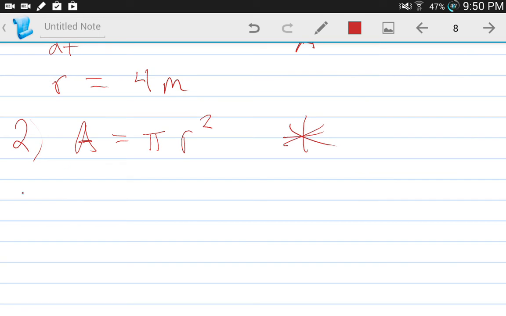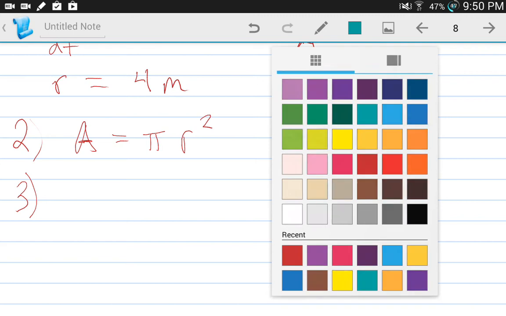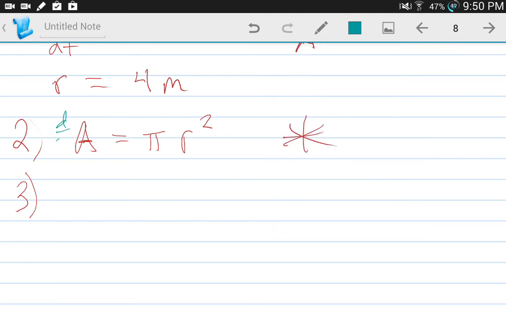And then step 3 is to take the derivative of that. So d dt, d dt. Pi is just a constant, right? It's just like having a 3 in front or 3.14 in front. So this is going to be 1 times dA dt equals 2 pi r dr over dt.